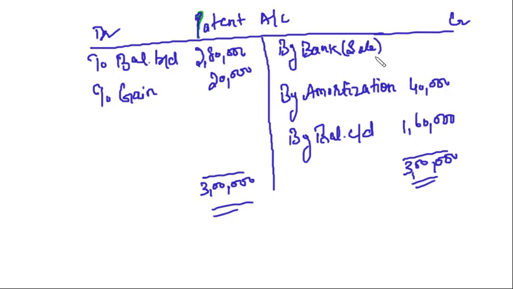He has given in the question that we have sold some patents at a profit of 20,000, but we are not given the sale value. That sale value is our balancing figure. That sale value comes to 1 lakh. Clear? So you have to act smartly when you are preparing the accounts. Understand the language of the question, right?